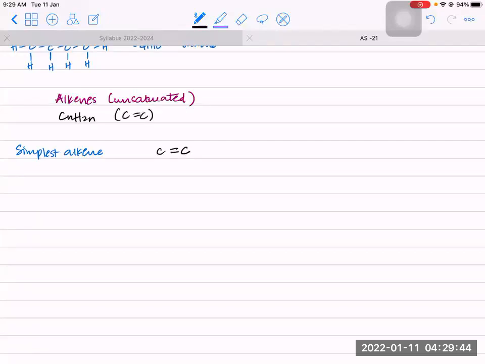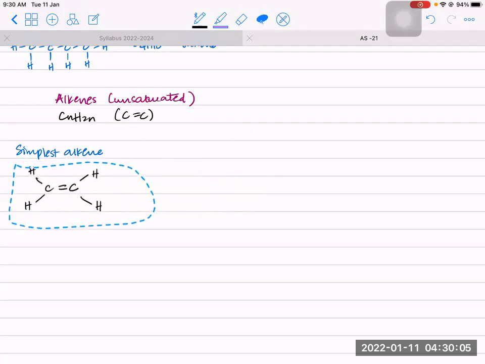So the simplest alkene would have two carbons. You cannot have a one carbon alkene because you need a carbon-carbon double bond. So you will have one hydrogen here, a hydrogen here, a hydrogen here, and a hydrogen here. That's the simplest alkene.